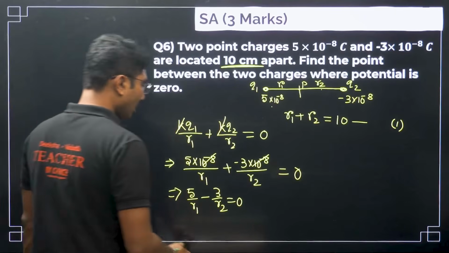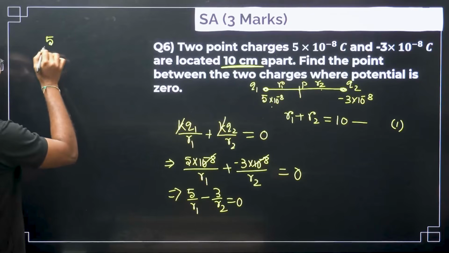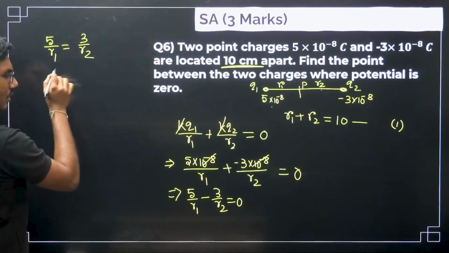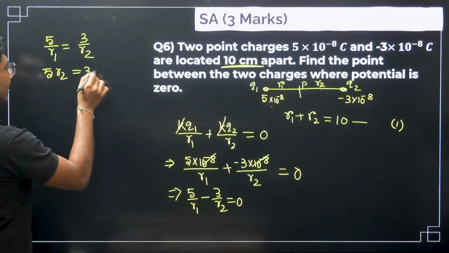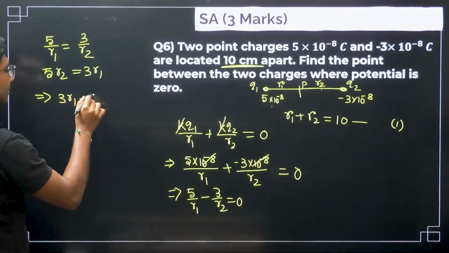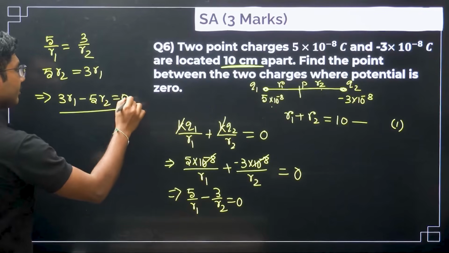Okay, or let us simplify. 5 by R1 equals to 3 by R2, or 5 R2 equals to 3 R1, or 3 R1 minus 5 R2 equals to 0. Okay, this is our equation number 2.